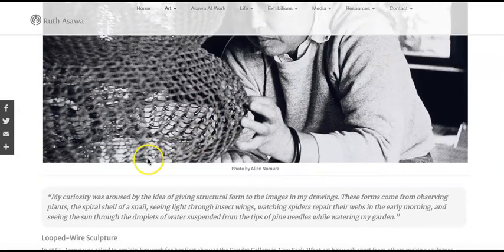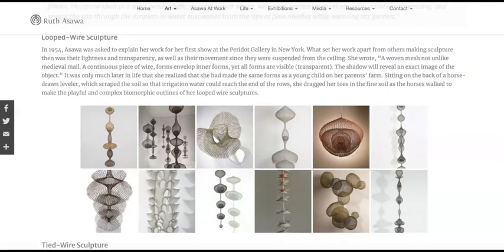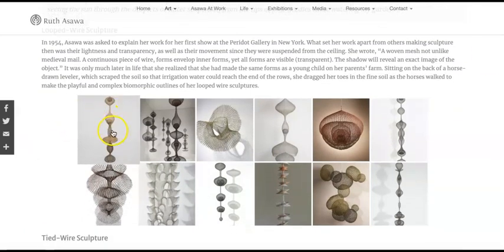So she started to be interested in the structural form of things in nature, but to translate that into organic forms that use a mechanical or industrial material, looped wire. And these sculptures are marvelous plays on simplified forms. She was influenced by Brancusi, and Brancusi would have loved these, although he didn't live to see them.